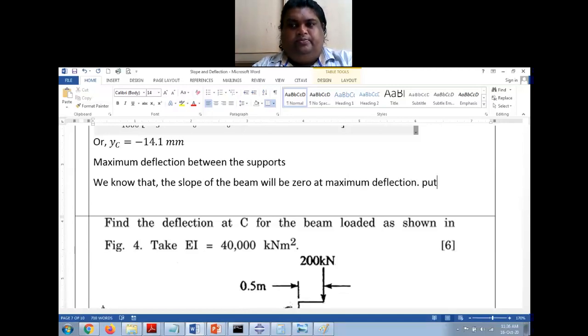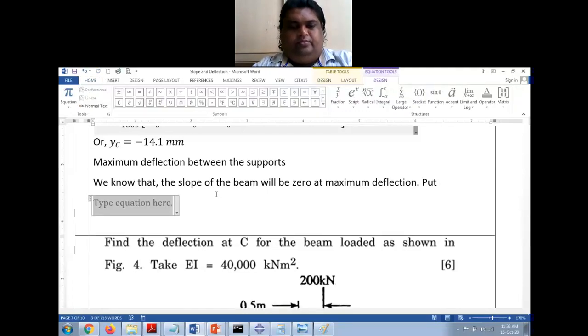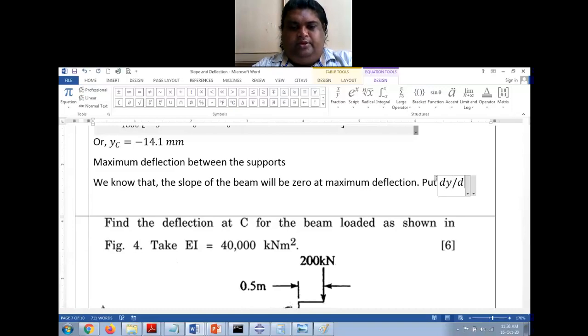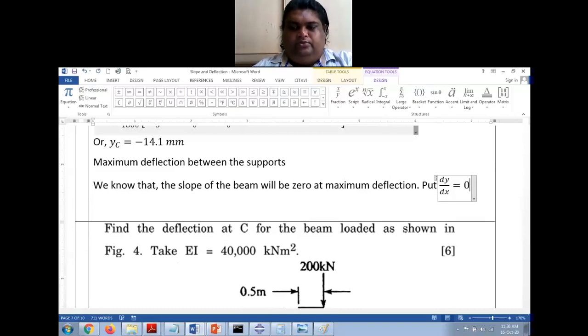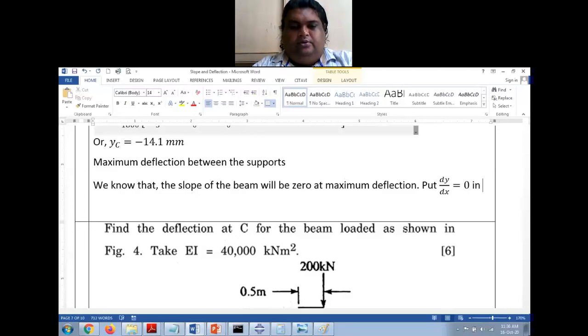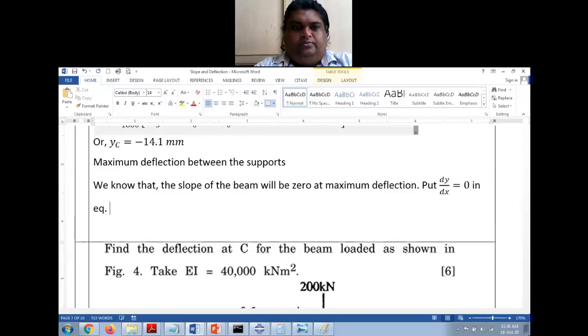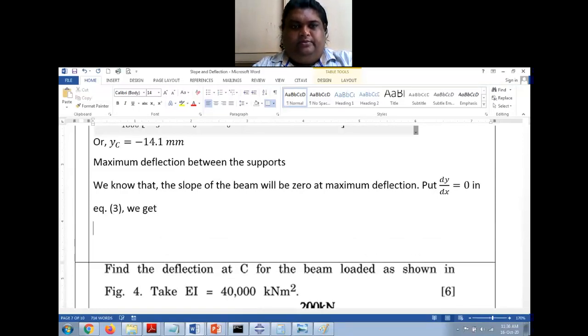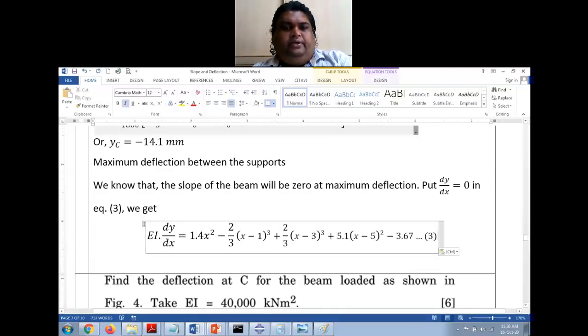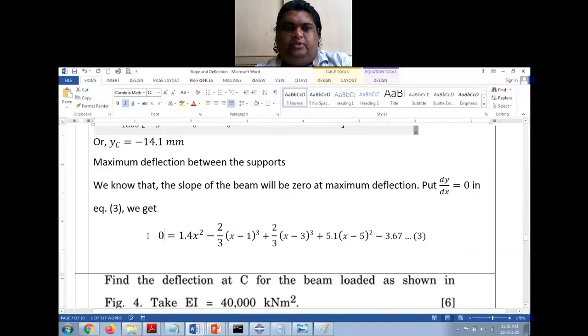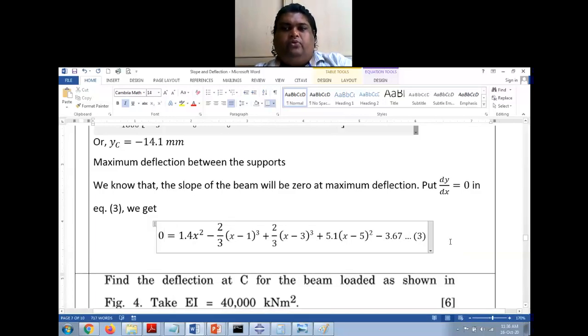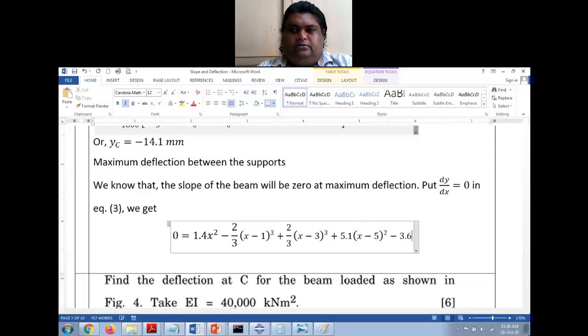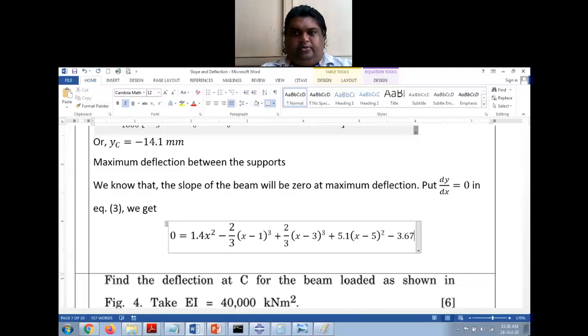So put dy by dx equal to 0 in equation 3. We get, right, so this will become 0. Now you have to solve for x in this. I better use my calculator because it will be difficult for me to do otherwise.